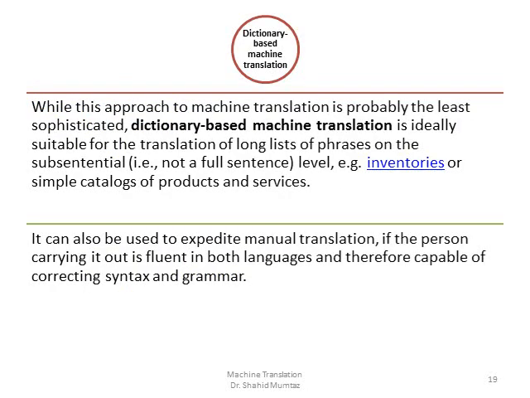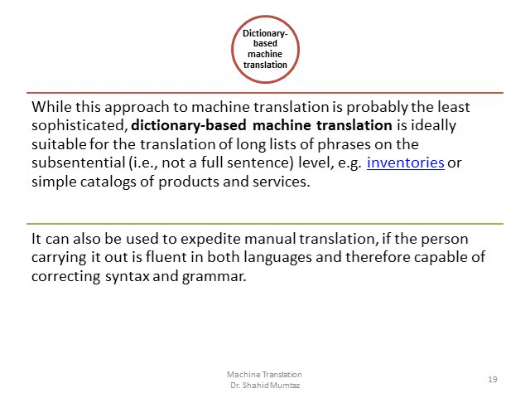While this approach to machine translation is probably the least sophisticated, it's the simplest technique. Dictionary based machine translation is ideally suitable for the translation of long lists of phrases on the subsentential level, which means not a full sentence.